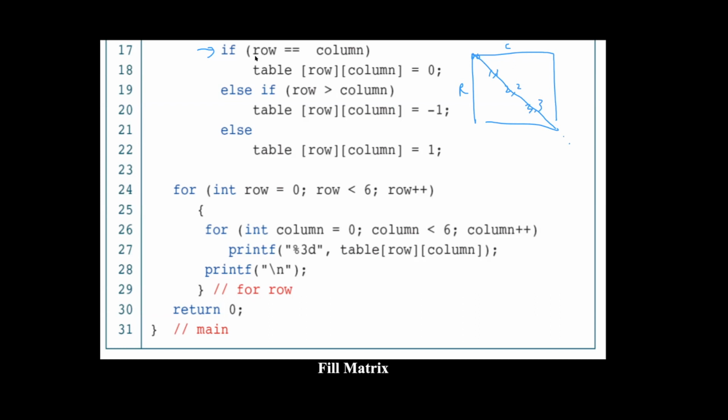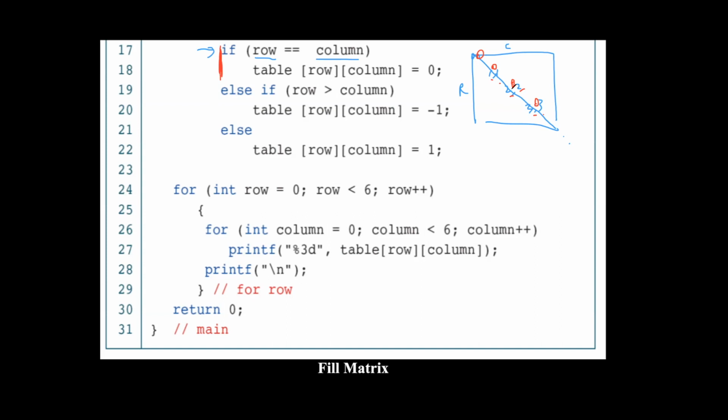So wherever you come across a row number and column number that are equal, we want to set that value to 0. The blue ones are the indices, and 0 is the value itself. That takes care of the first one.